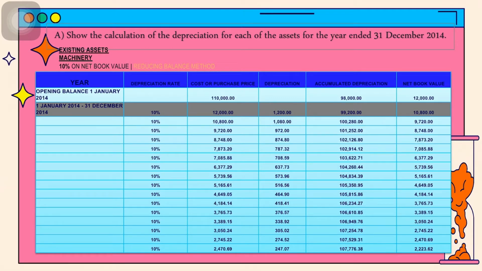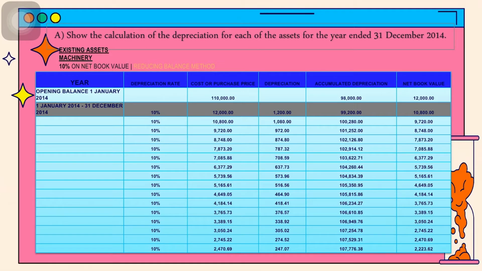The cost given on 1st January is 110,000 and the accumulated depreciation is 98,000, and the net book value is 12,000. To find the depreciation for 1 year, you have to take the previous net book value.